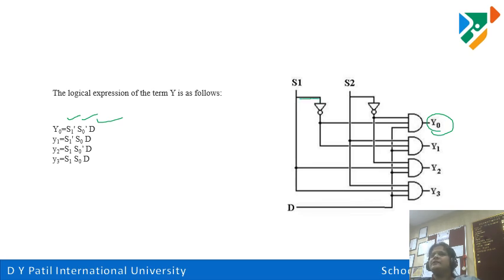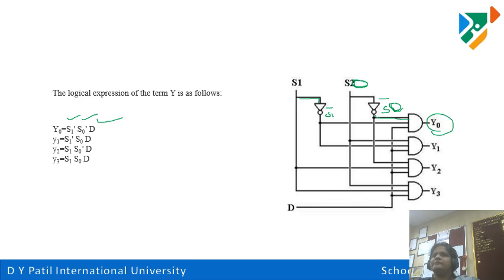So S1 is given to a NOT gate to make it S1 bar, and S0 is given to a NOT gate to make it S0 bar.